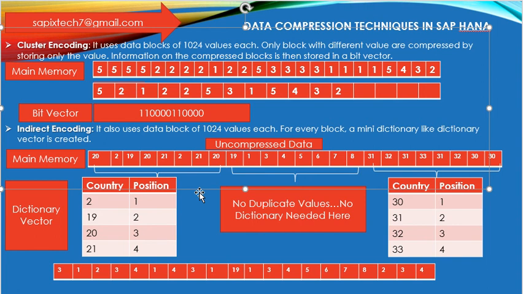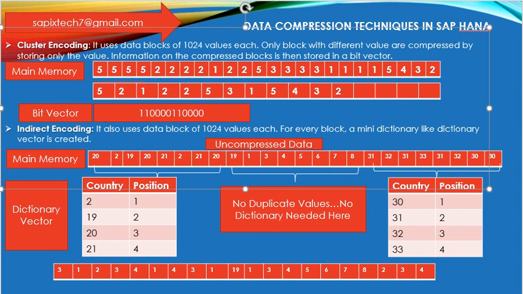So indirect encoding uses data blocks, and each block creates a mini dictionary similar to dictionary vector encoding. It converts only those blocks which have repeating data, and for those it creates the dictionary vector. So we have understood indirect encoding.